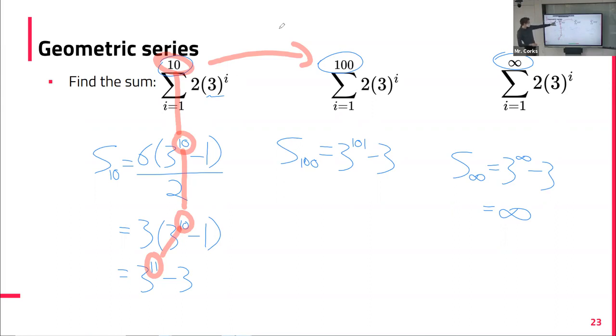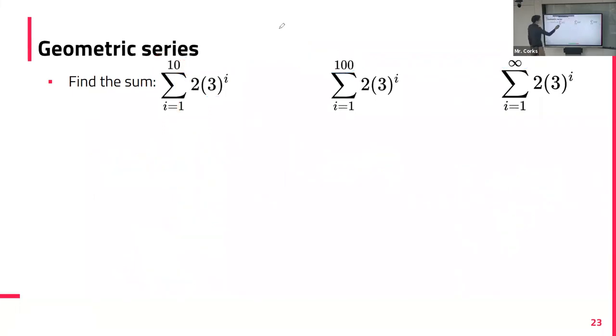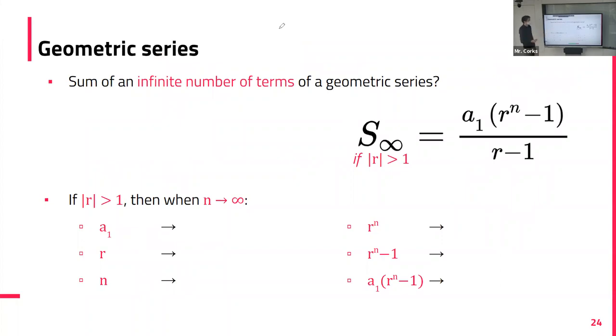So for a geometric series, if your R value is greater than 1, if we add them up to infinity, we should understand that the sum will be infinity. Eventually, even if it grows slowly, it will grow to infinity. I'll have this slide here, which will explain this in a little more detail. Looking at our formula more carefully, let's see where that infinity comes from.